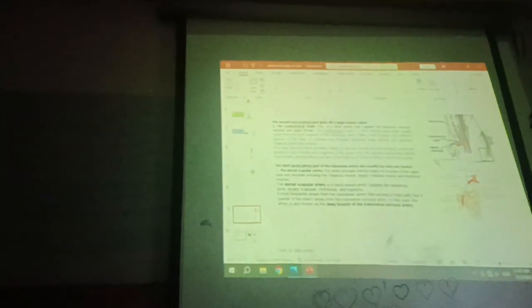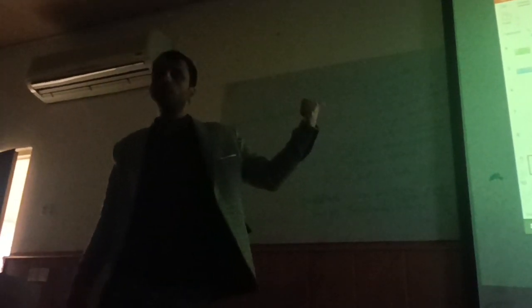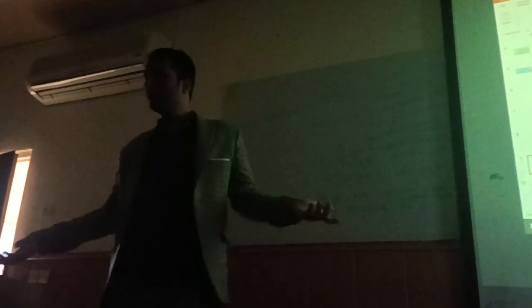Thoracic aorta. The thoracic aorta gives, from the lateral side, the intercostal nerves and intercostal arteries. Yes? So the first and the second intercostal arteries are not branches from the aorta. They are branches of the costocervical trunk. Okay? Yes, sir.